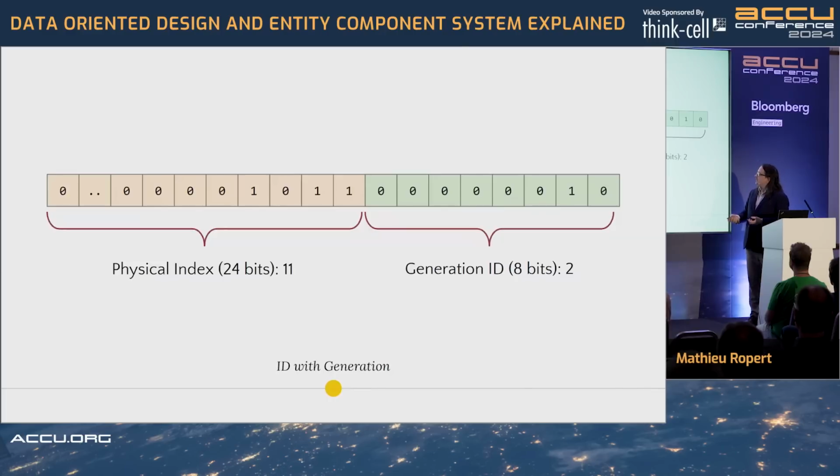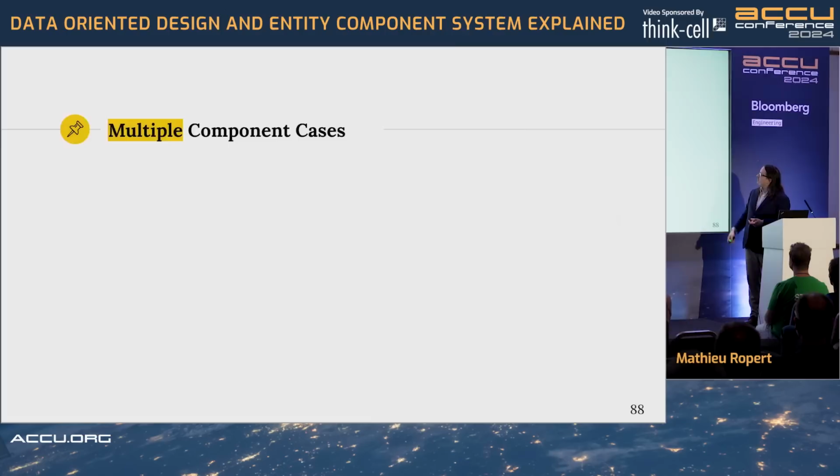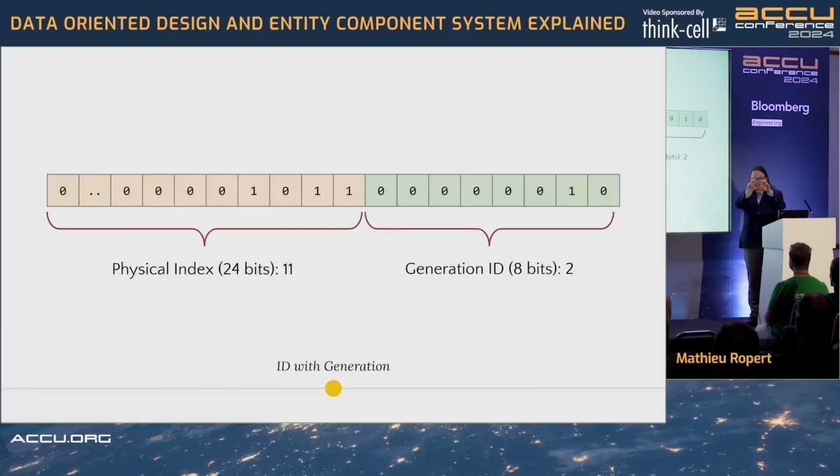So if I go back to my index table, I say, okay, go to entry number 11. Then check whether it is -1. If it's -1, it means there is nothing in that entity ID. If not, fetch the actual ID and check what its generation ID is, and whether it's the same one.